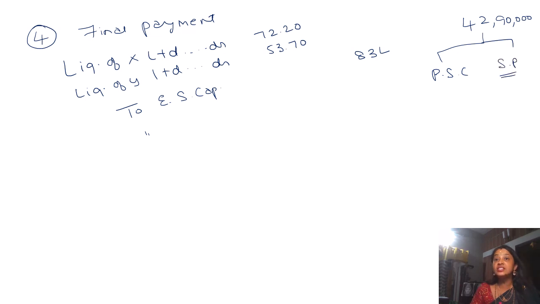You look at the discharge of purchase consideration and you will understand how we got preference share capital and securities premium.